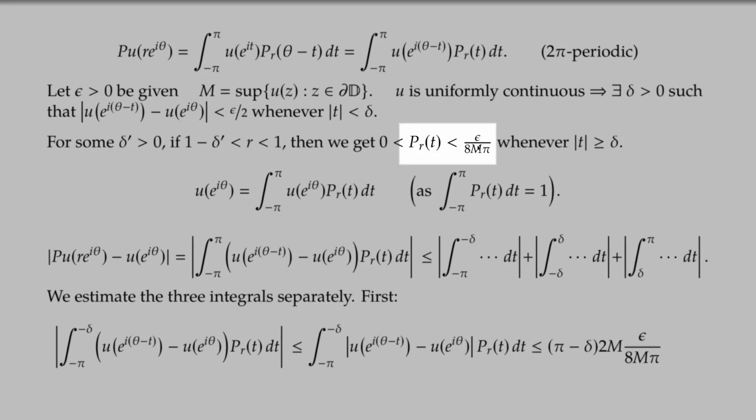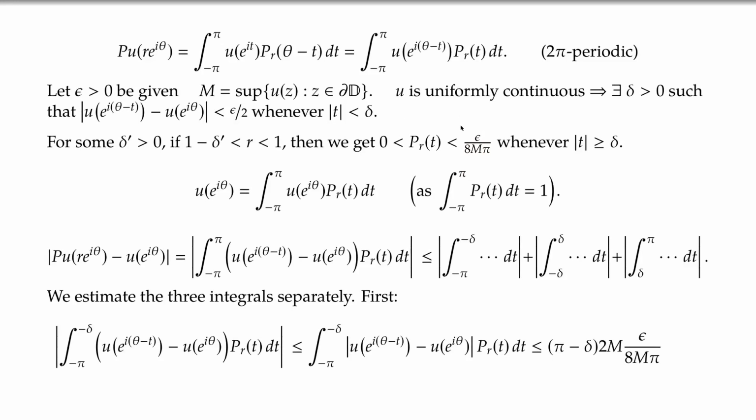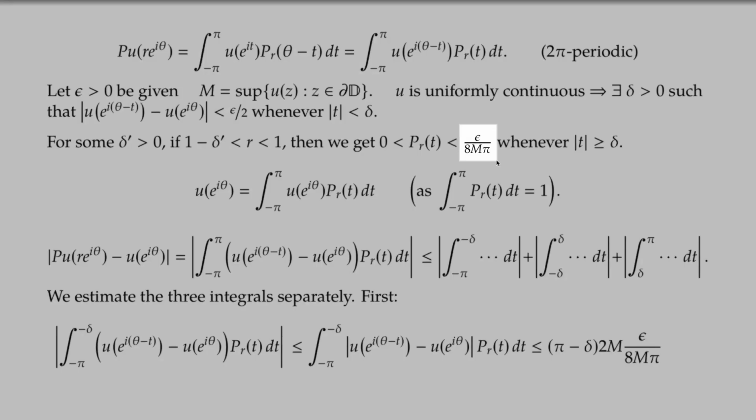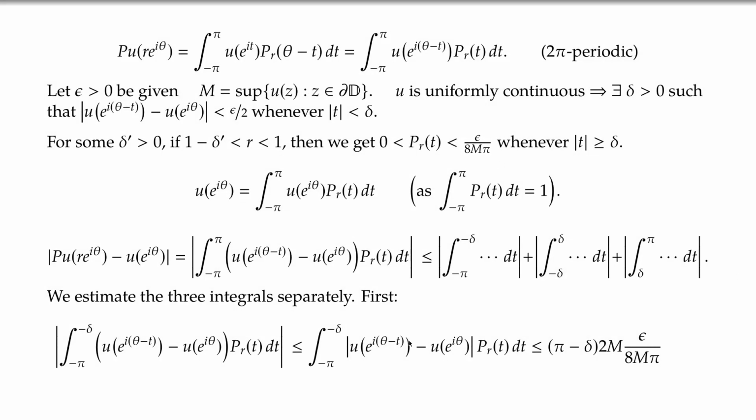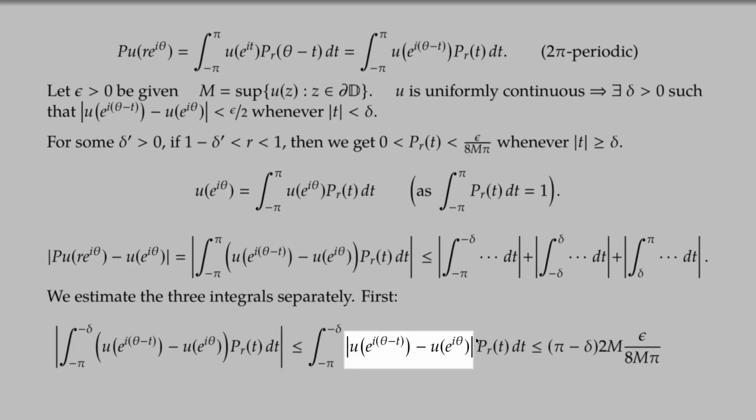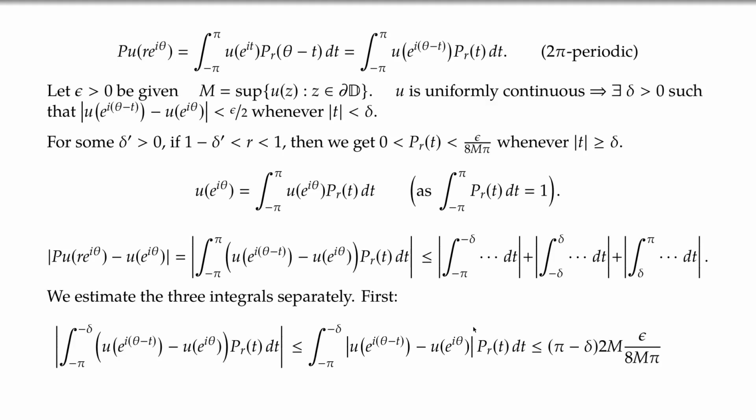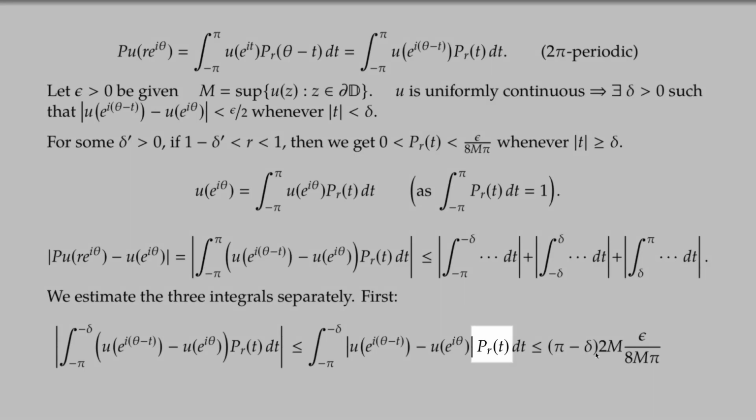Now we see why did we pick this constant over here, right? We could have made it anything we wanted to. So now we see why we made it this magic constant over here. So it's this thing. This thing is going to be less than this magical constant, right?